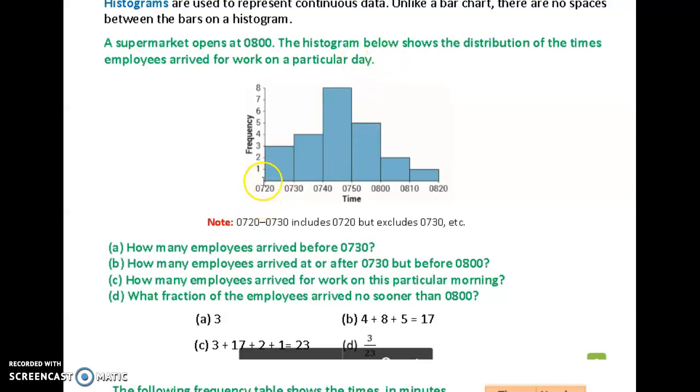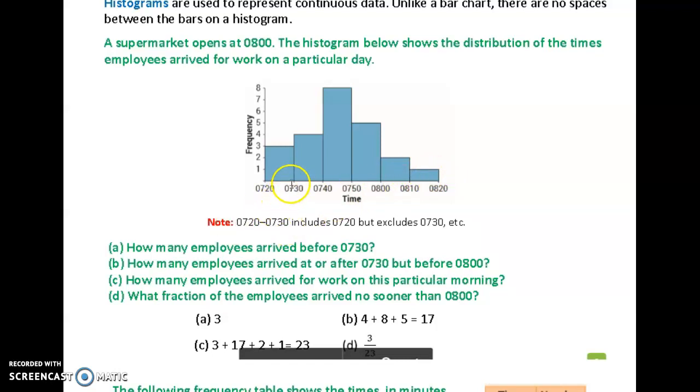Looking at this histogram, it's telling me that 3 people arrived between 7:20 and 7:30. 4 people arrived between 7:30 and 7:40. 8 people arrived between 7:40 and 7:50. 5 people arrived between 7:50 and 8. 2 people arrived between 8 and 10 past 8, and 1 person arrived between 10 past 8 and 8:20.